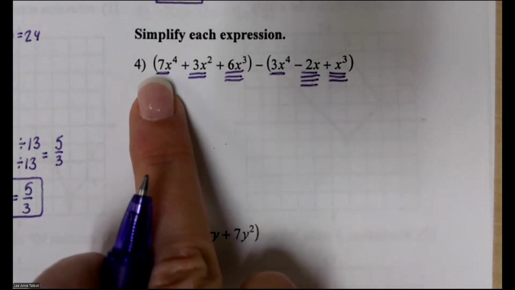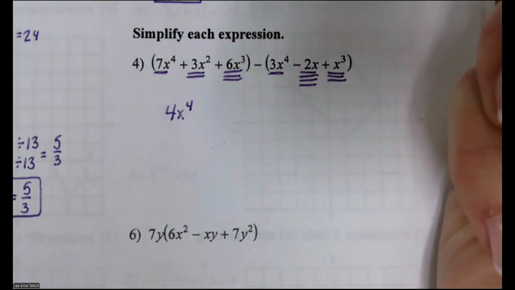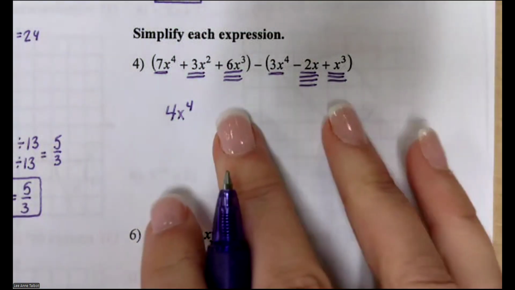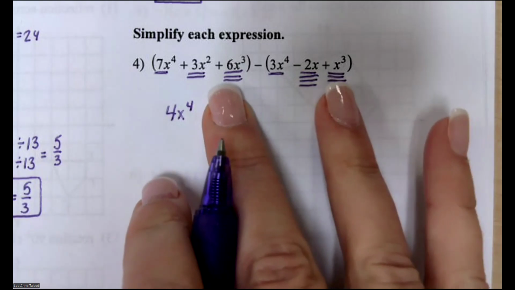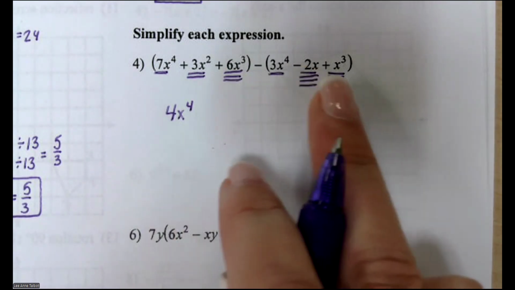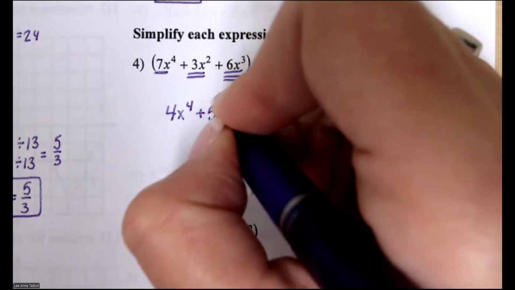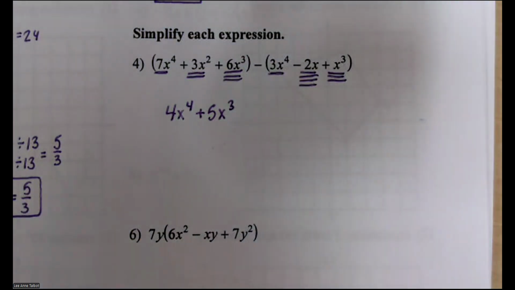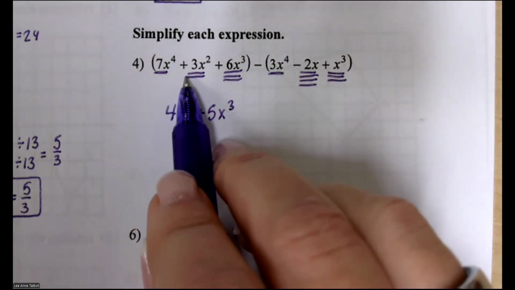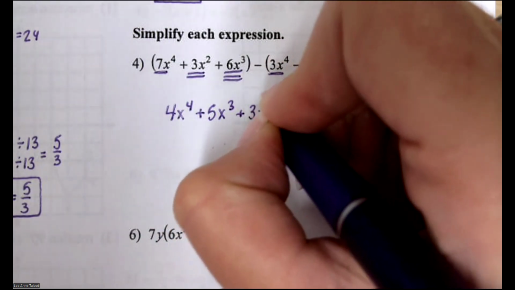So 7x to the fourth minus 3x to the fourth is 4x to the fourth. Okay, now I'm a person who likes to write things in order, so I'm going to do the cubes next. 6x cubed minus x cubed is 5x cubed. And then 3x squared doesn't have anybody, so he's just 3x squared.